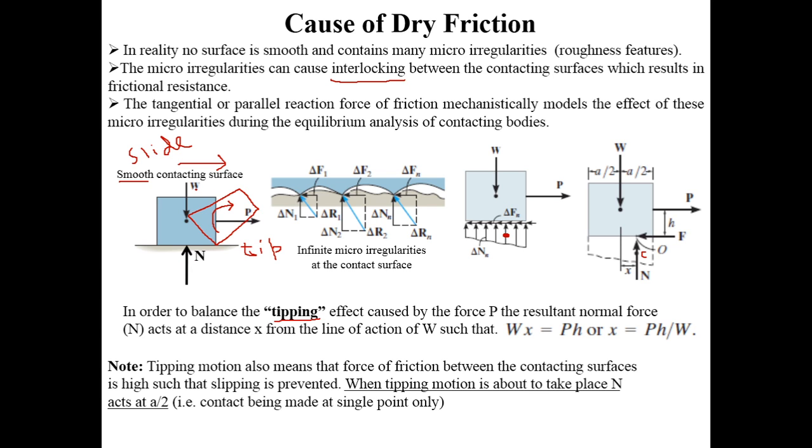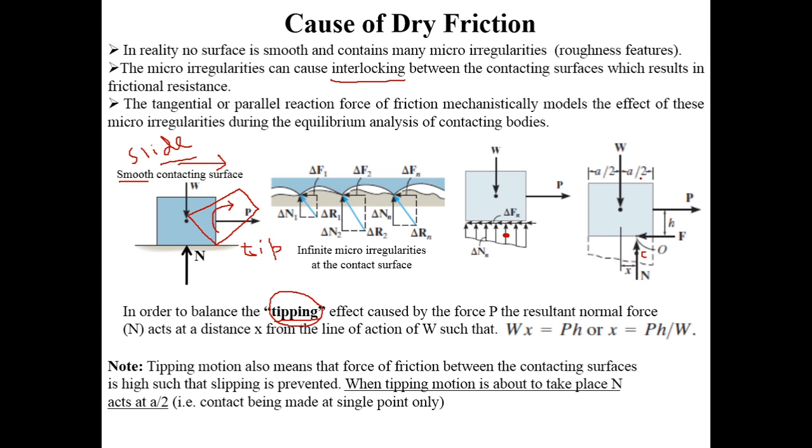So the key feature is to note that there are no physical dimensions specified in your object. When this is the case, we simply ignore the effect of tipping, and we say that the applied force can only slide the object. But as soon as the physical dimensions are given to you and the location of the force is also given to you, you at once realize that the situation now demands checking the effect of tipping as well.